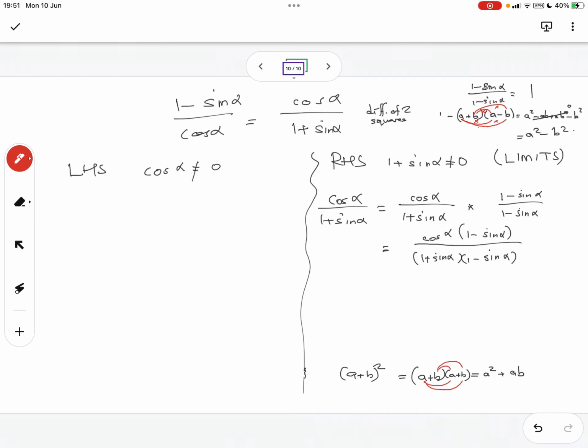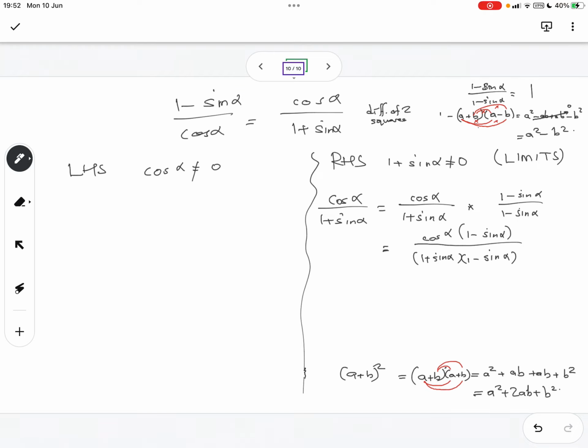So a times a gives us a squared. And then a times b gives us ab. And then we do the same with the second number, which is b times a and b times b.